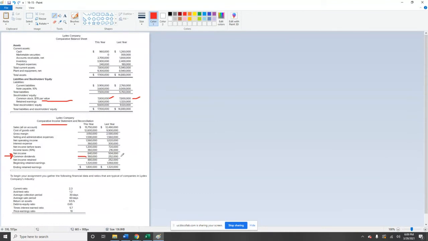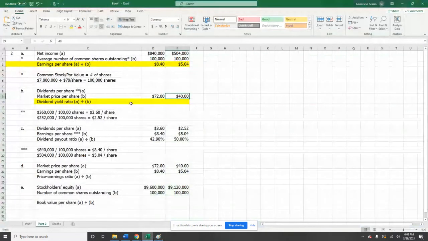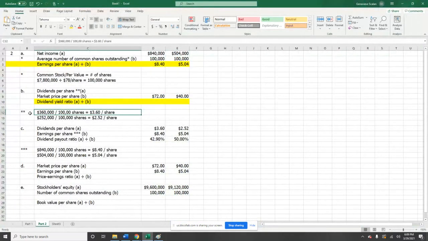For this year, it's 360. For last year, it's 252. That's pretty easy to turn into dividends per share because we have a nice round number, 100,000 shares. So 360 divided by 100,000 is equal to $3.60 per share.